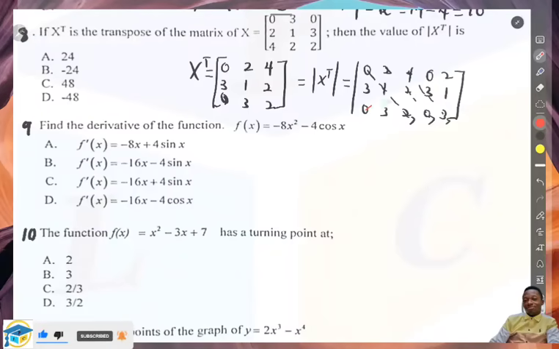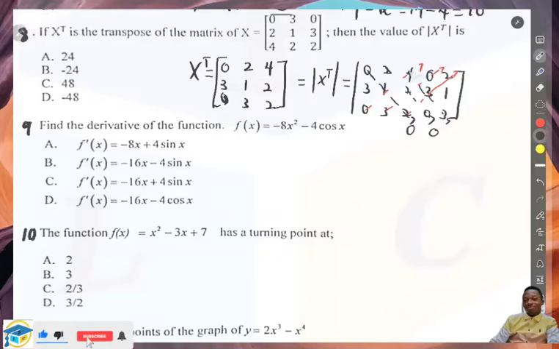Then we also move to this side, upward arrow, and then we get this as well. So here it is 0 multiplying 1 multiplying 2, and that should be 0. Any number multiplying 0 is 0, so we don't waste time there. So here is 0. Then here 2 multiplying 2 multiplying 0 is also 0.